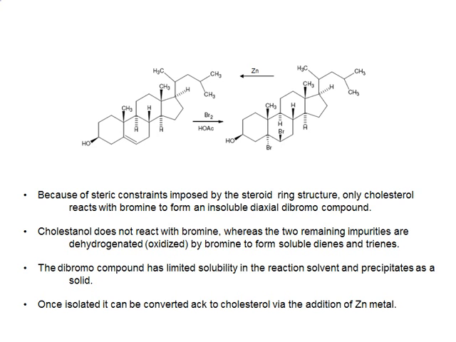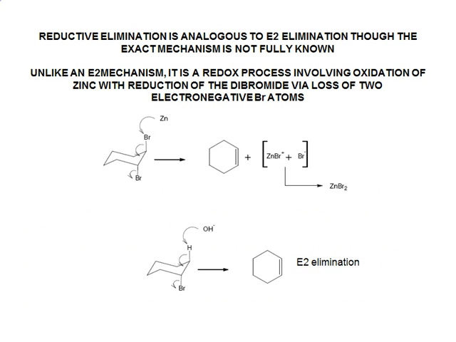And then we can convert the dibromide of cholesterol back to cholesterol, and notice the top arrow, by adding zinc in a reductive elimination mechanism. And that's something you're going to do. We think of the mechanism as shown there, where you have diaxial bromides, and the zinc comes in and does an elimination.